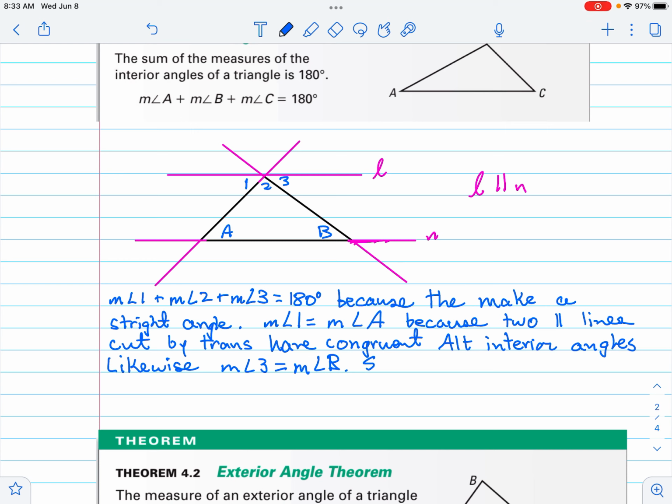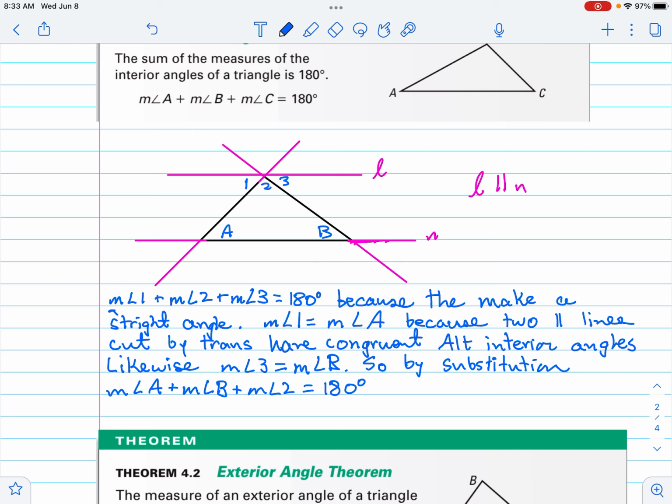So, by substitution, we have that the measure of angle A plus the measure of angle B plus the measure of angle 2 equals 180. Now you realize what that's saying.